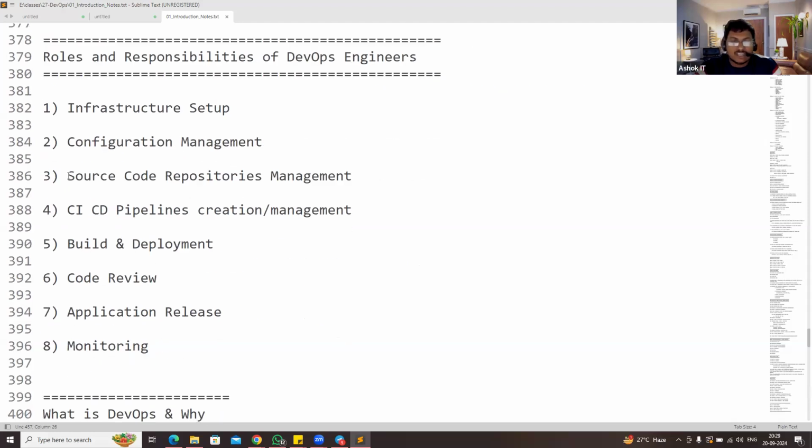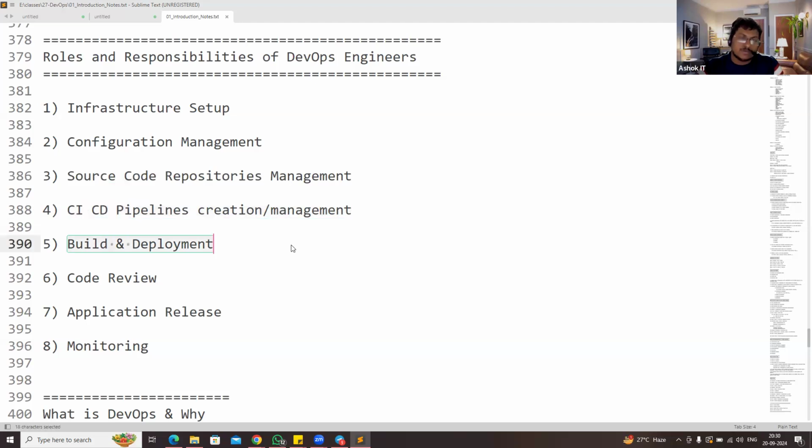As a DevOps engineer, we are responsible for infrastructure setup, configuration management, source code repositories management, and pipeline creation and management to deploy our application with continuous integration and continuous delivery.